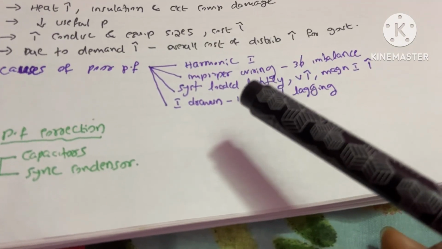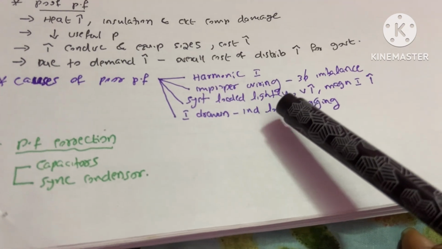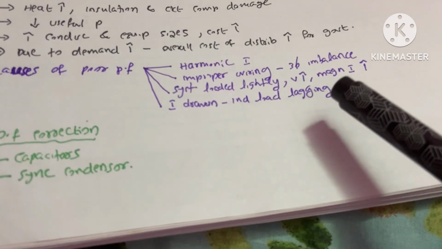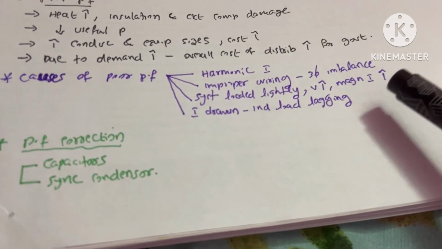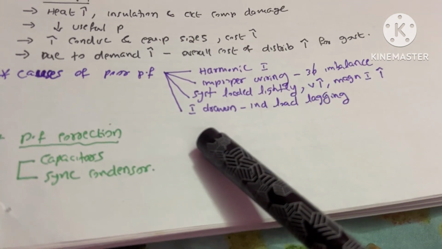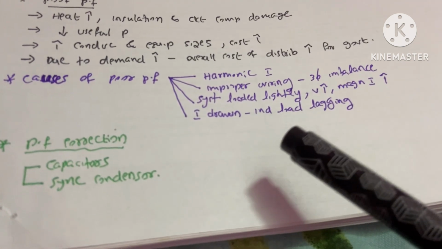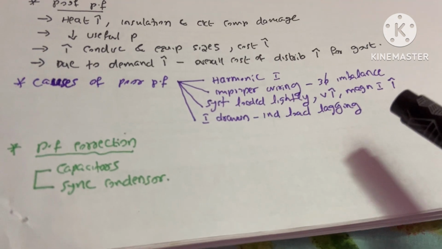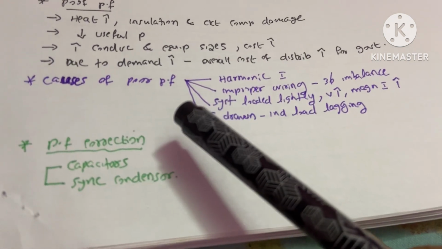Suppose you have a system in which there are only a few loads, then it would cause the voltage in your system to increase. Due to that, the magnetization current also increases. It will cause poor power factor. And the next one is the current drawn by inductive loads, which will cause the lagging power factor, and it is also a cause of poor power factor.